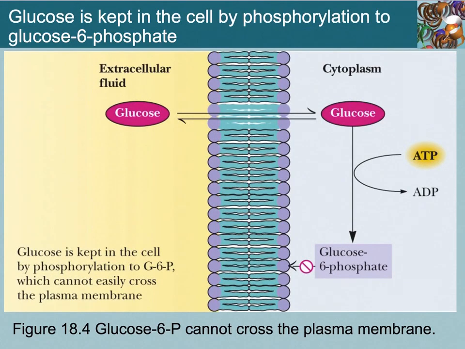So this reaction is important for two reasons. Glucose 6-phosphate cannot pass through the membrane because it is not a substrate for glucose transporters. So if you look at this picture here, you can see that when you have glucose in the extracellular fluid, it will pass through the membrane via a glucose transporter.